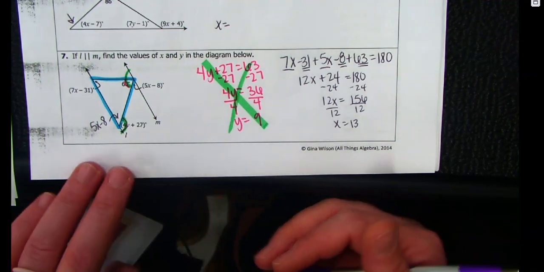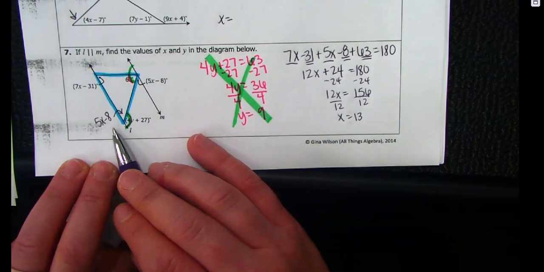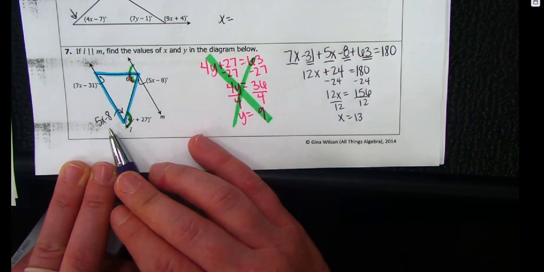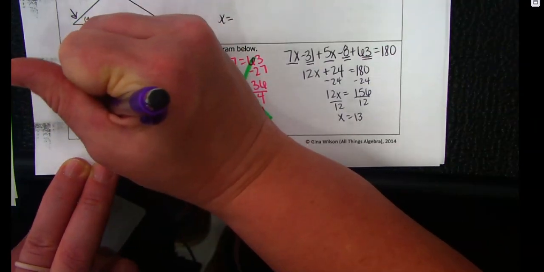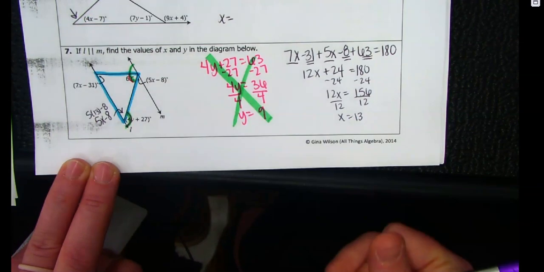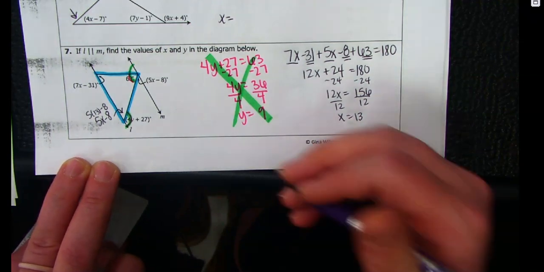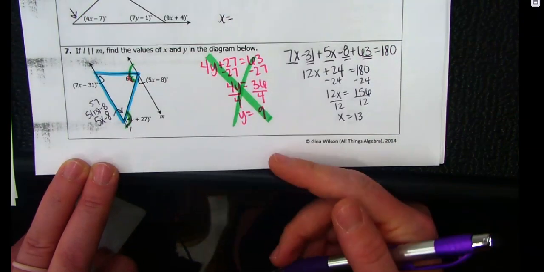So if we know that this here is 5x minus 8, what we could do is think about the linear pair that it is going to form. So I could say 5 times 13 minus 8, so I can get the actual degree. 5 times 13 minus 8 is 57. Okay, so that's going to be 57.